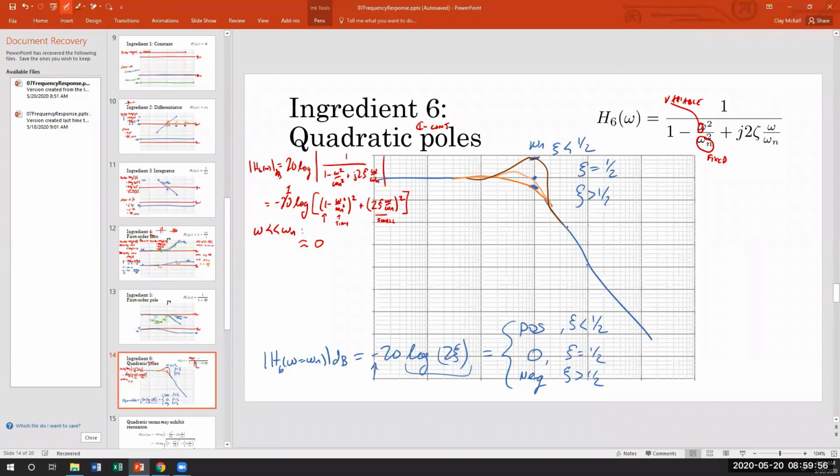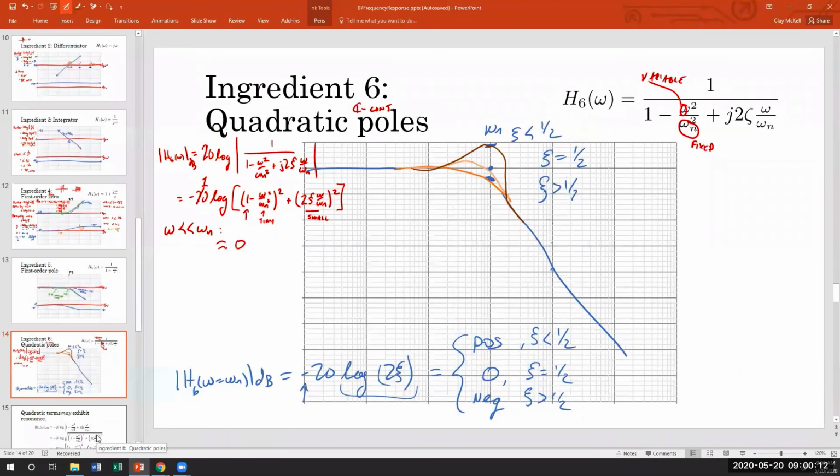Professor, you had certain start and stop points on the graph, like 10 to the -1 and 10 to the 1? Which graph? For a majority of the graphs, you had a start and stop point between high frequency and low frequency.